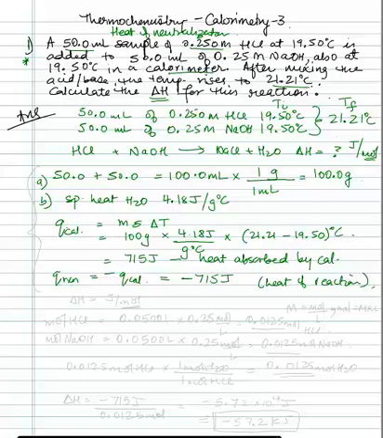The second part of the calculation is now trying to find out the delta H, okay, which is joules per mole. So now we have to find out the moles of the reaction. To find the moles of HCl, for this one you have to write the equation.